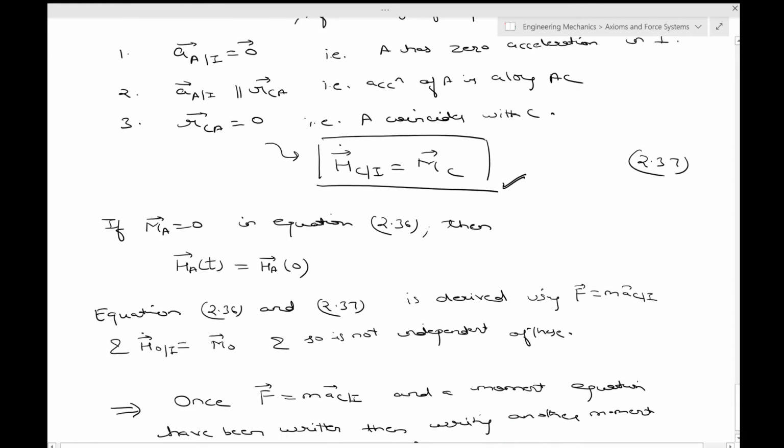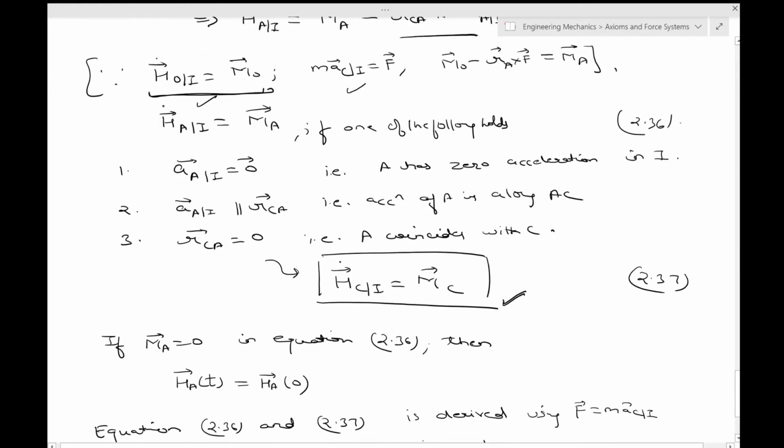Please don't think that you will first write 2.36 and then you will write 2.37 and that you will get some new information. You won't. It's essentially the same equation coming from the same F equal to ma and the moment equation. So this is not new information as such. So please don't ever make that mistake.